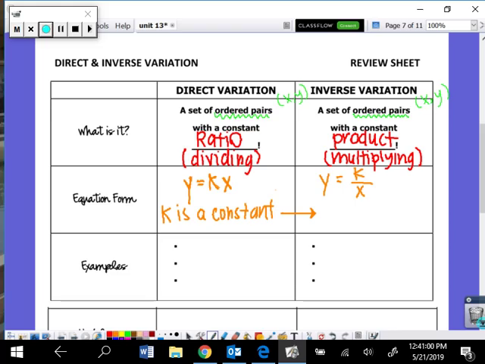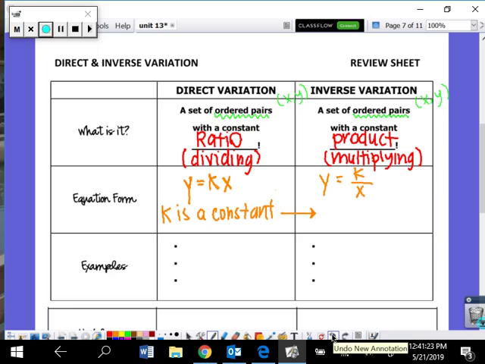The thing here is for the definition, it says the ratio of ordered pairs, so that would be us comparing y and x. So if I wanted to get k all by itself, I'm going to divide by x, and then notice there's our ratio, y divided by x. We're going to look at that in one more second after we get a couple of examples.